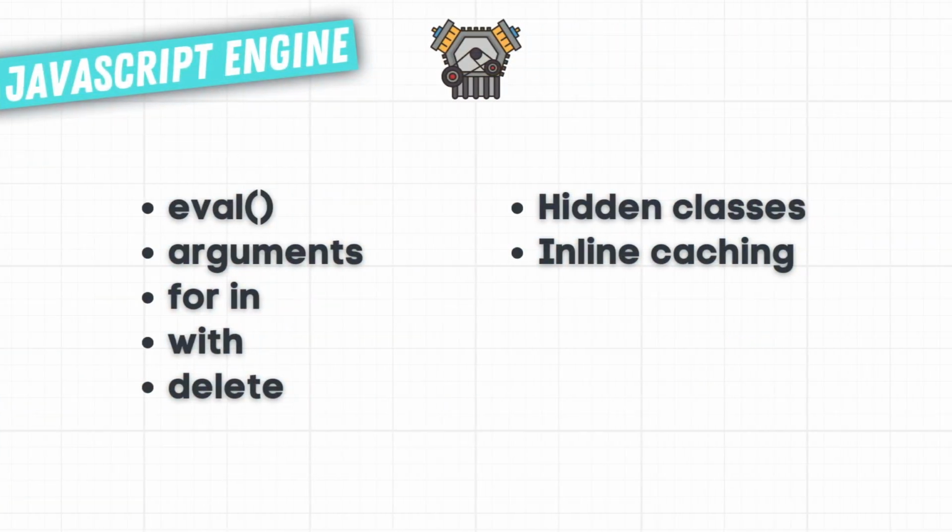So here's the list. In order to help the JavaScript engine, we want to be really, really careful with these on the left. Functions that directly call the eval function, which is included with JavaScript, can be very problematic. We will discuss arguments when we cover functions in this course.